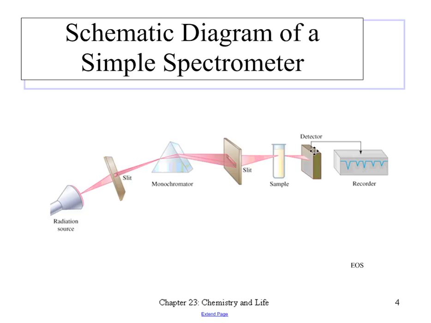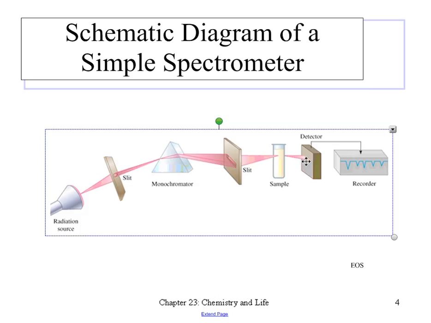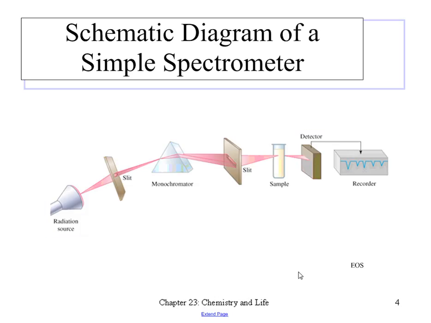They're detected and they're recorded. So we have light, narrow beam, split it into wavelengths, single wavelength at a time, passes through the sample to the detector, and then we record it. Now, our visible spectrometers actually work a little differently than this.